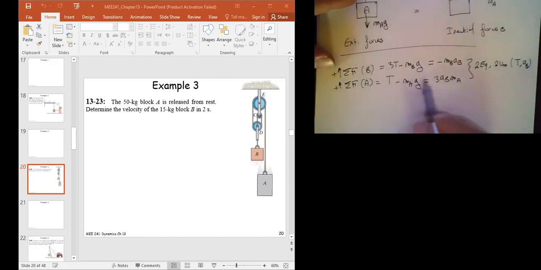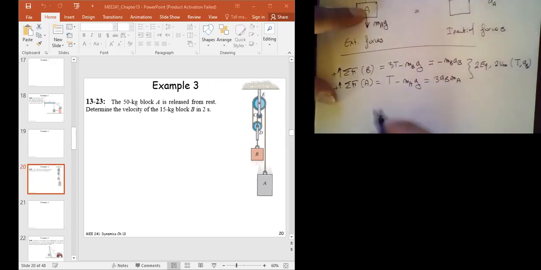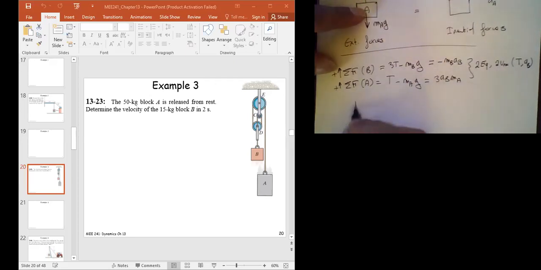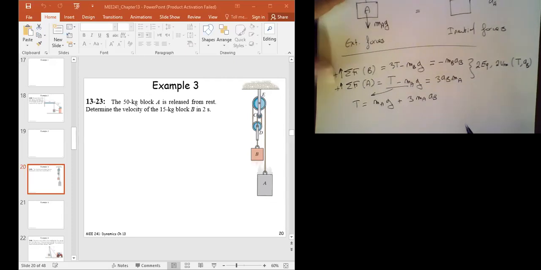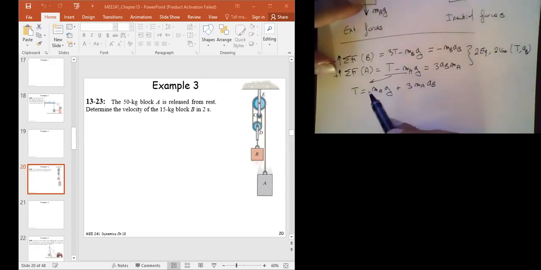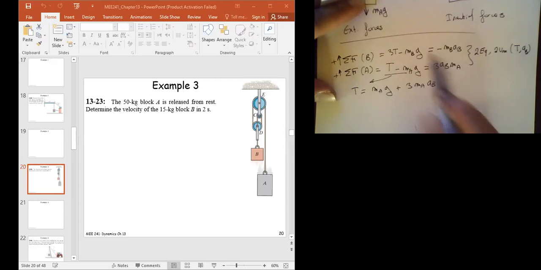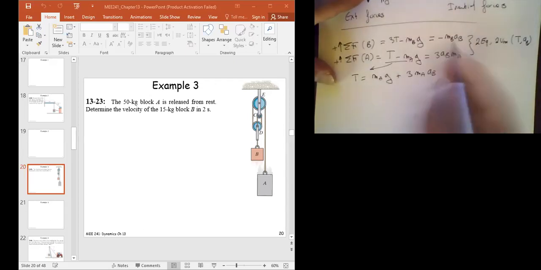So I can take T from here and plug it here. T is equal to how much? MAG plus 3 MA AB. From this I got that. Then I'm going to take this and plug it here, and then I can use this to find the acceleration of B.